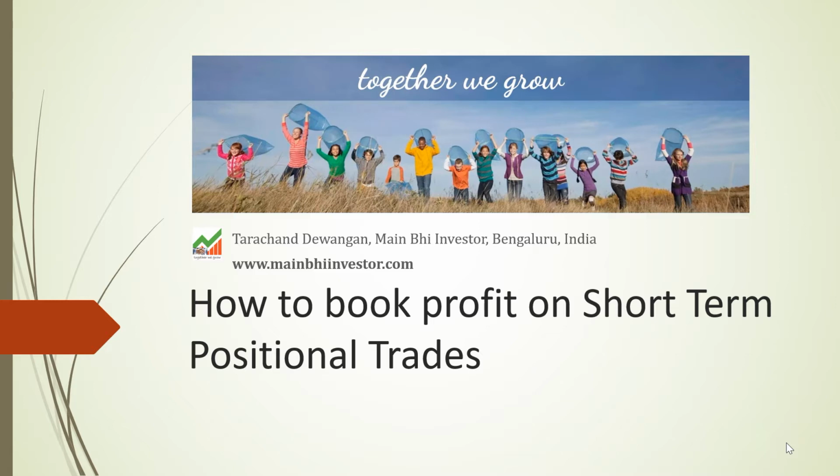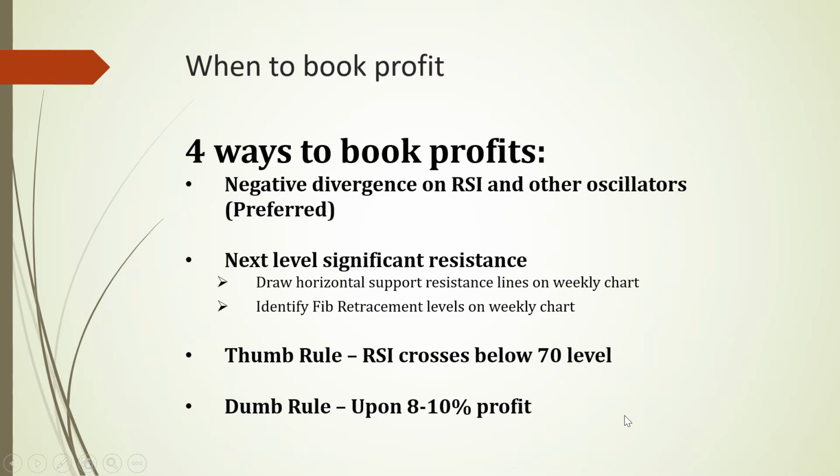We all are trading for profits, and it is very important to have a plan based on which we develop the habit to exit from a trade at the right time with the right profits. So the question now is, how do we know it's time to book profit? Okay, so let's try to define new standard ways through which one can exit a trade in a profitable situation.